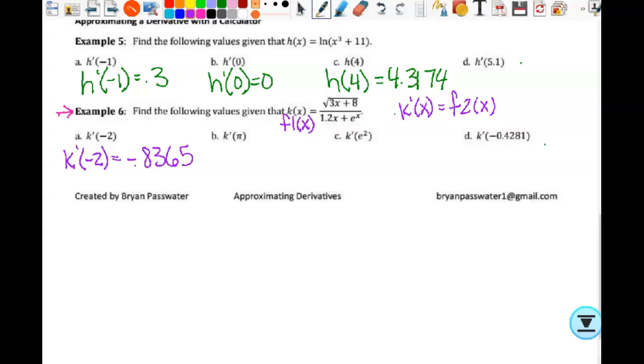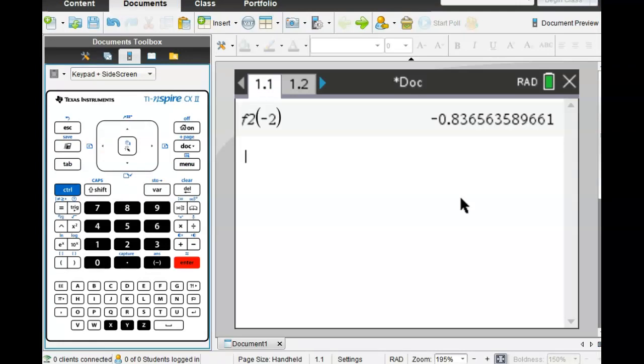Does that make sense? So then I want k prime of pi. So let's make sure we can find buttons like that. So k prime, remember, is still just F2. So F2 of, where is the pi button? Down here. See that?